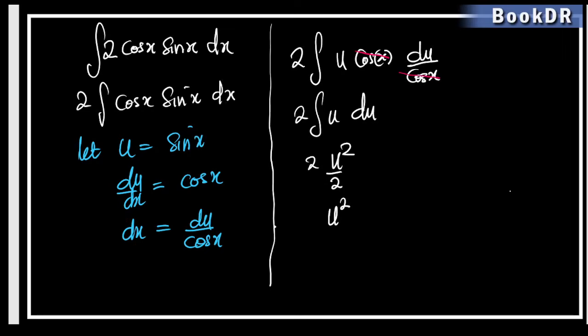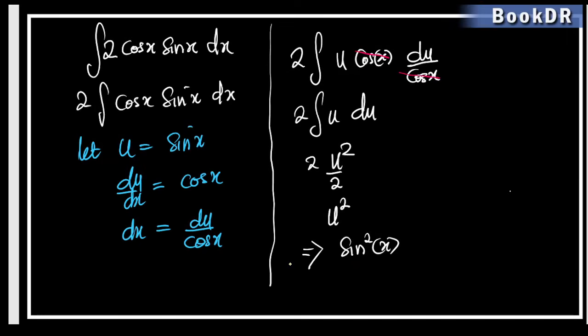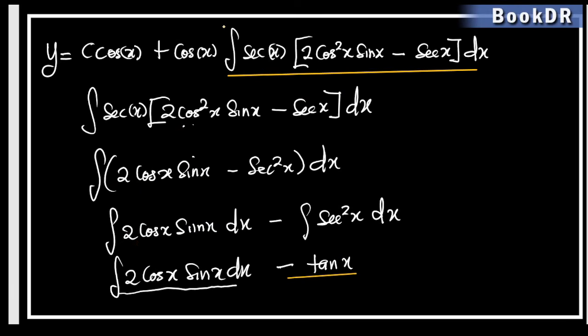We'll bring our actual expression for the u, which is sine. So our integration will yield sine square x. So we'll put these values into our formula over here. So we have 2 items to substitute: the minus tan x, and then the sine square x. All of them will enter this box where they will be multiplied by cos x.